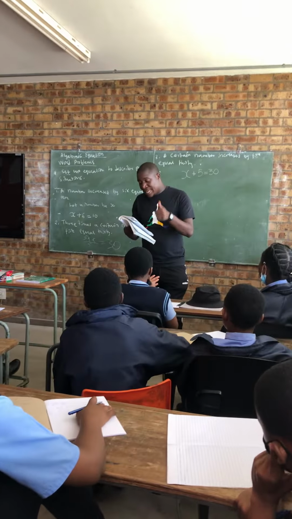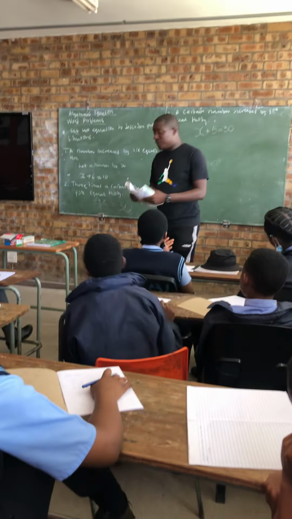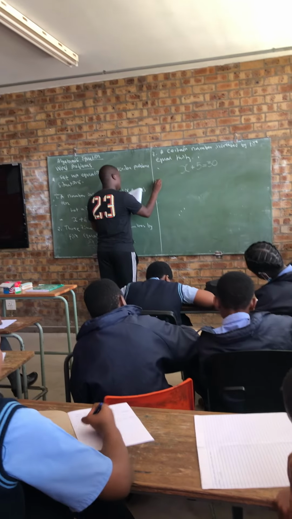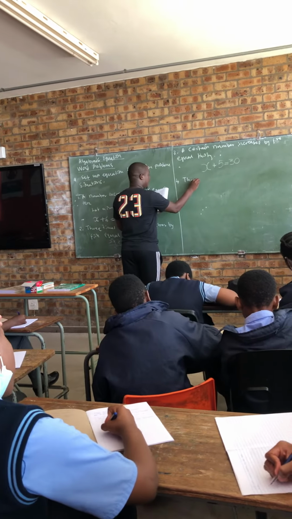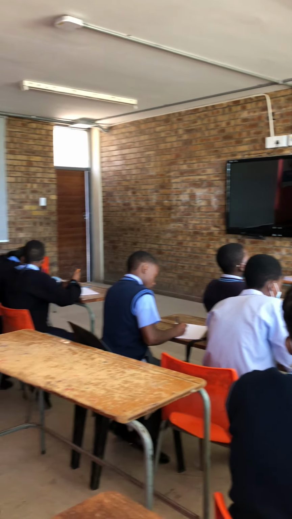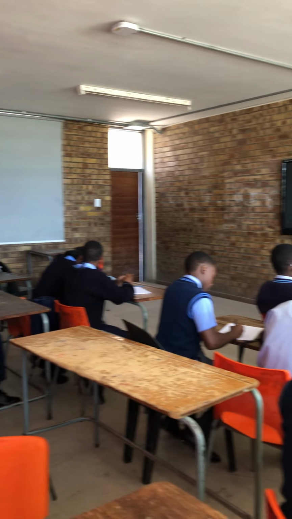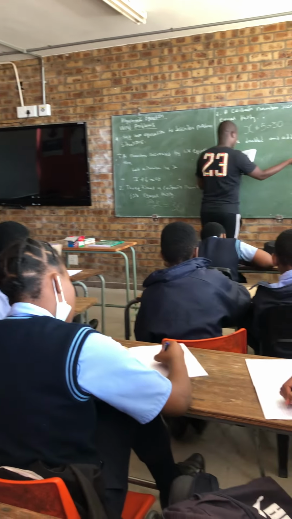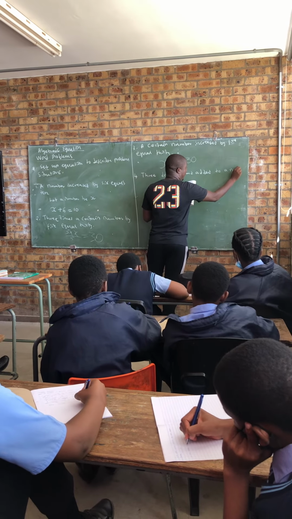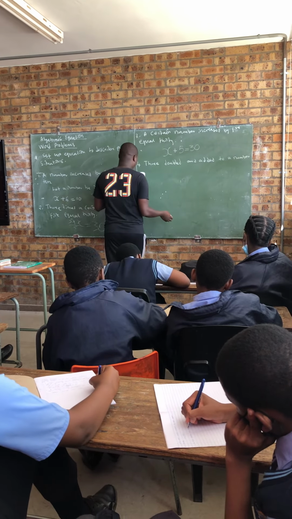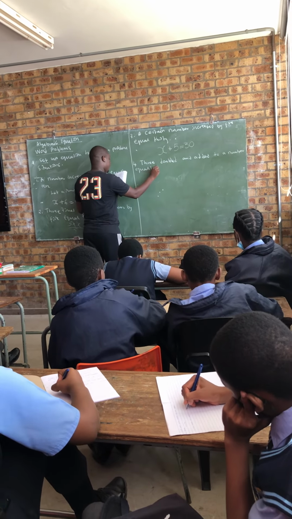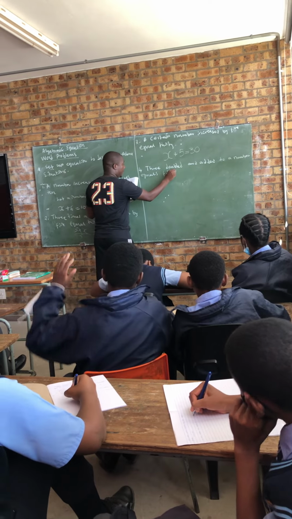Doubled and added to a number equals 50. Let me write it down as number 4: a number doubled and added to a number equals 50.